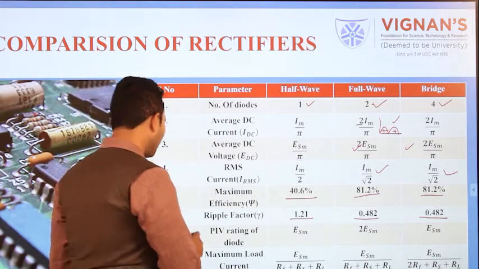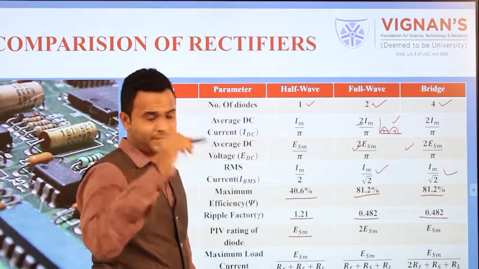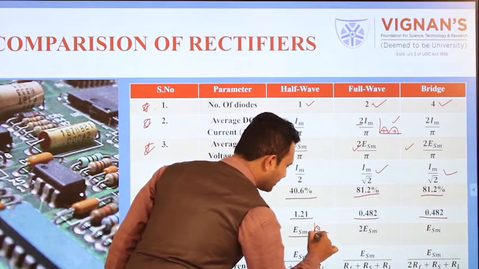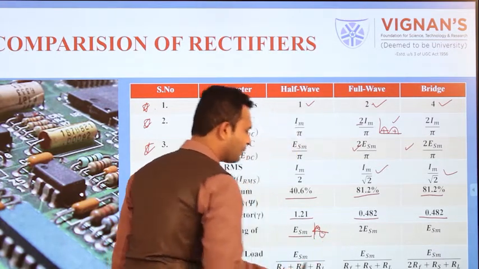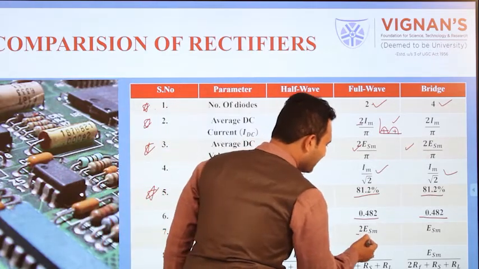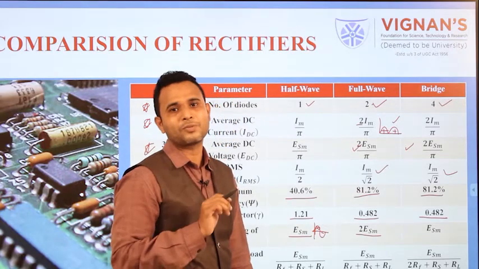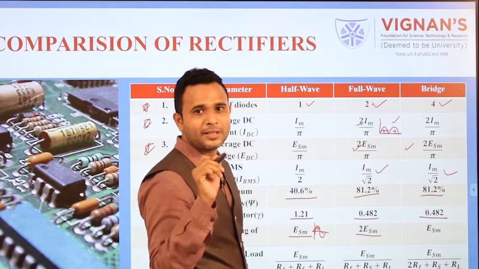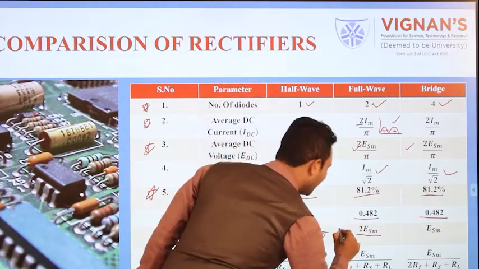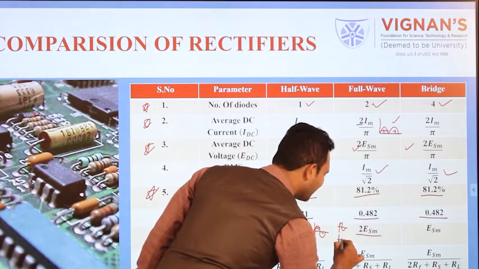What is the peak inverse voltage? For the half wave rectifier it is the maximum reverse peak we get, which I already told you. For the positive peak the diode conducts; only for the negative peak must the diode withstand it. So this is called Esm. Here it is 2 Esm, because we are taking a center tapped transformer, where at a time we get 2 inputs, one positive to negative and another negative to positive.